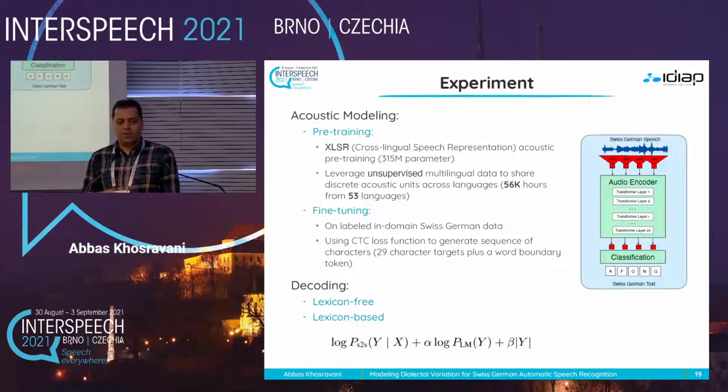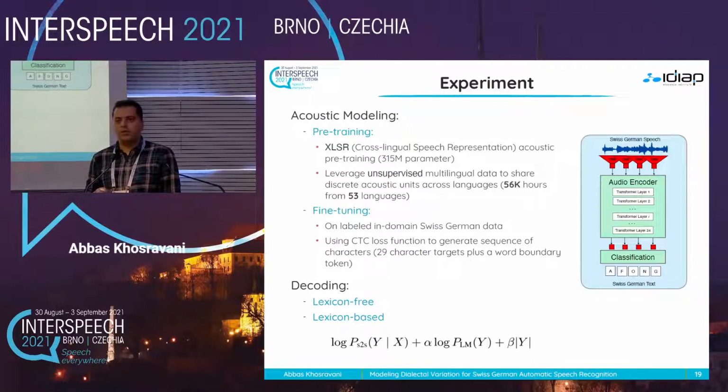So for our experiments, we used an acoustic model based on a pre-trained cross-lingual speech representation model, which is trained on unsupervised multilingual data, 56,000 hours of data. And then we fine-tune it on our Swiss German dataset. We use the CTC loss function and a character sequence.